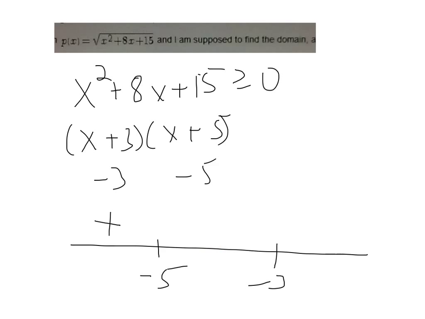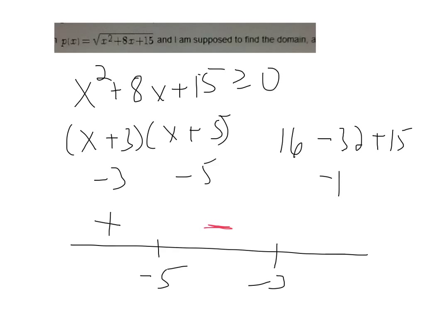So if x is -4, -4 squared is 16, and then -4 times 8 is -32, plus 15, well, let's see. So when x is -4, isn't that -1? So that tells me anything in this range right here will be negative. And you could pick another number and see, but that's what's going to happen.